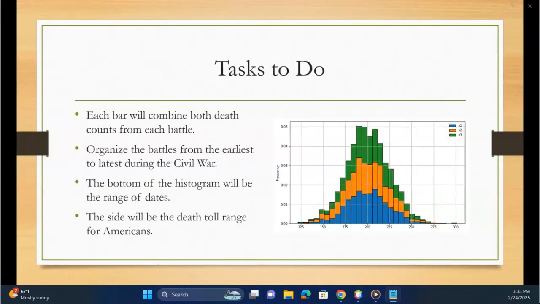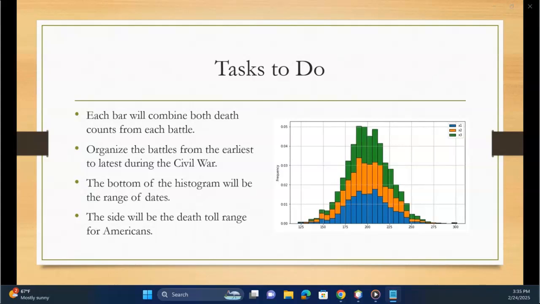For the histogram, with each bar, we will combine both death counts from each battle, so from the North and South, and also civilian life if it occurred. So in the graph on the right, you can see the blue we can represent as the North, the orange as the South, and the green as civilian life if it occurred.